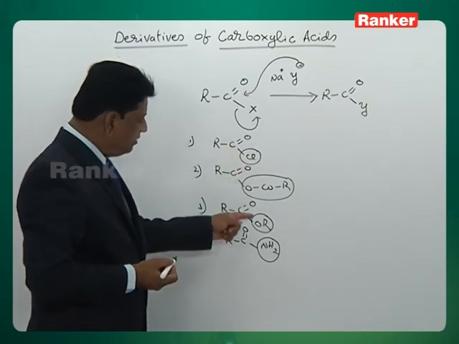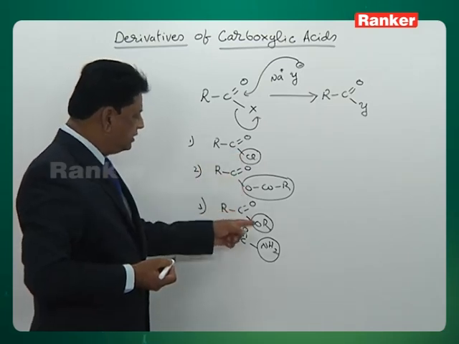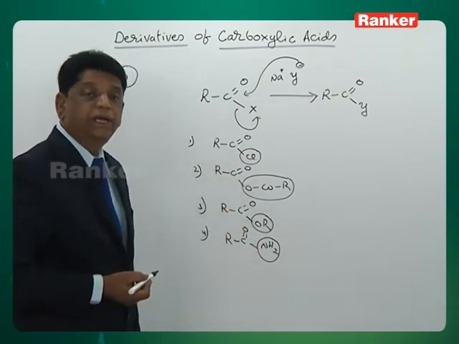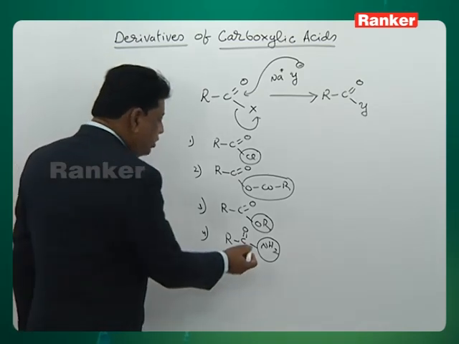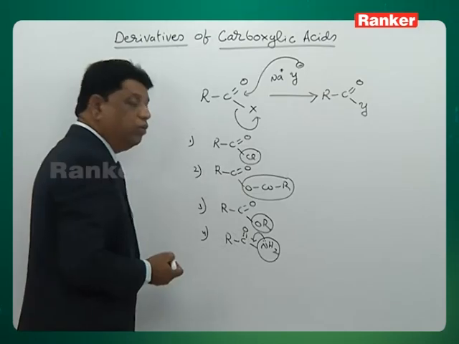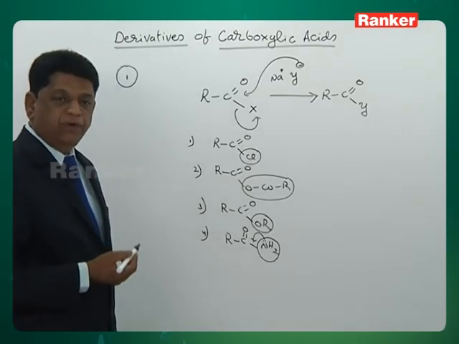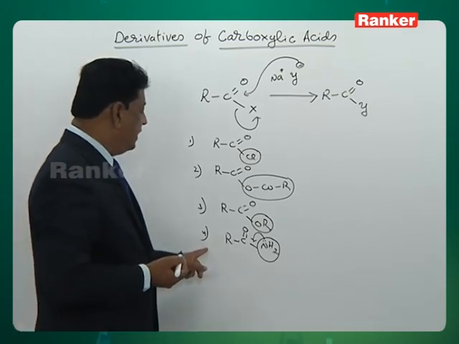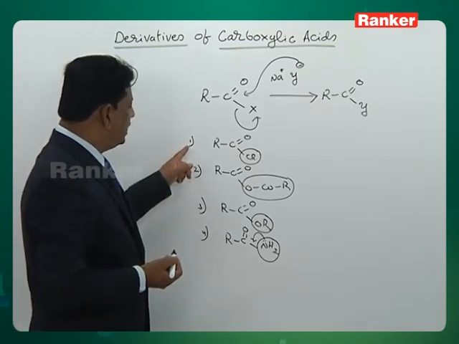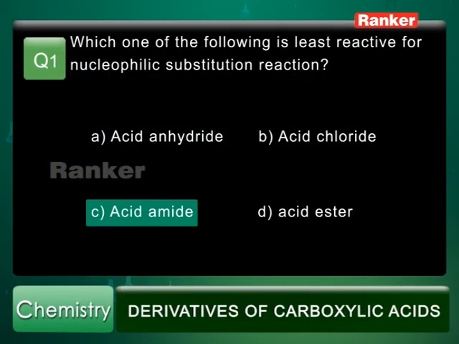So, if you compare the basicities of these 4, this is the weakest base, then a little stronger, and NH2 minus is the strongest one and shows a very strong plus mesomeric effect, and therefore, it will not go out at all. The outgoing property of NH2 will be least. So, therefore, amides will have the least outgoing property, and the most reactive will be the acid halides. So, therefore, option C, acid amide, is the right answer.